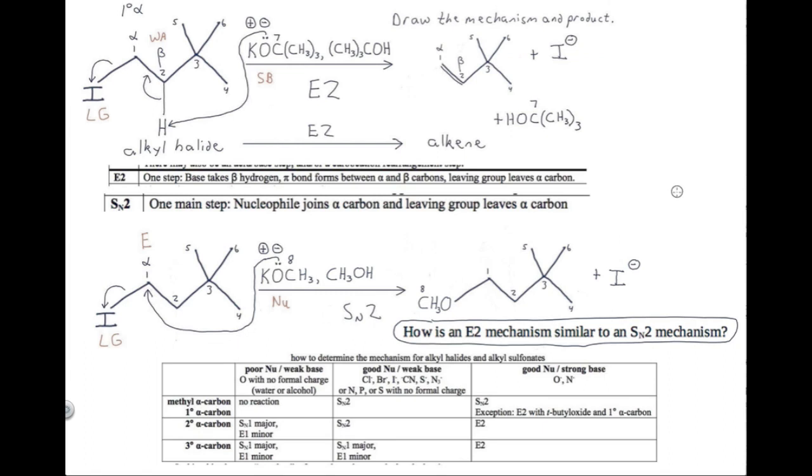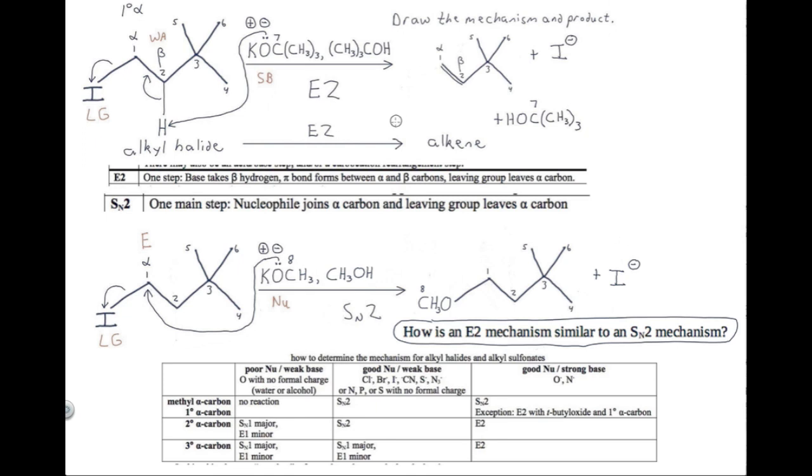It's important to understand the similarities and differences between an E2 mechanism and an SN2 mechanism. So let me ask you a question. How is an E2 mechanism similar to an SN2 mechanism? Well, here's my answer. The most important similarity between E2 and SN2 is that an E2 mechanism is a one-step mechanism, and an SN2 mechanism is also a one-step mechanism.